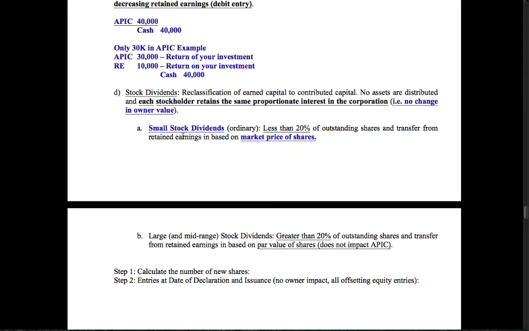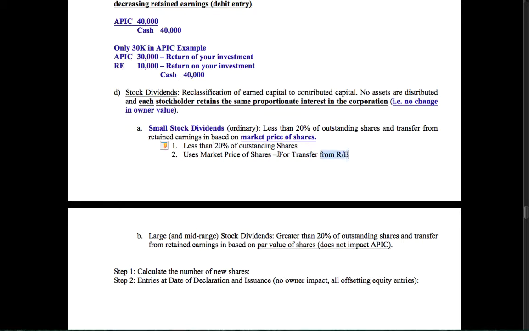You need to remember two key things: one, it has to be less than 20% of the outstanding shares, and two, it uses the market price of shares for the transfer from retained earnings.